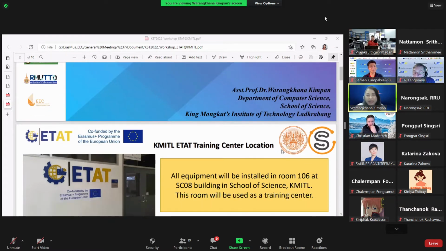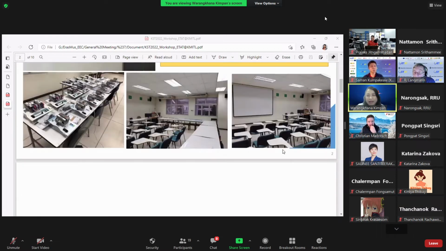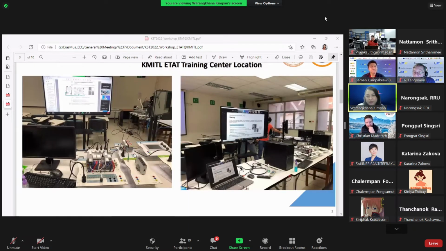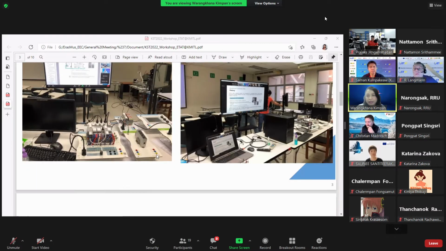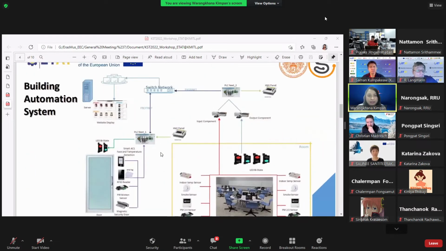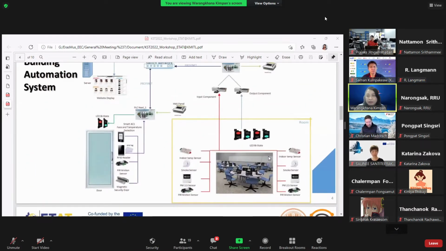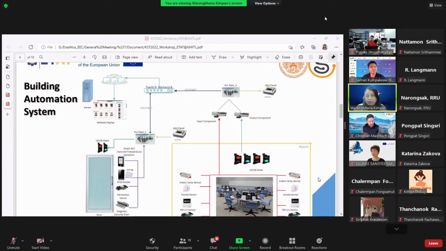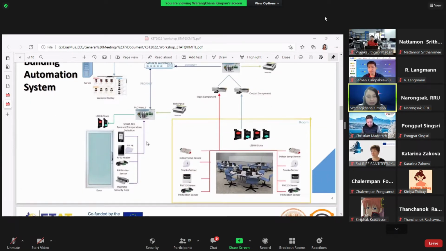Okay, sorry again. So this is a lab, and this is the first time that we use connecting the main equipment for our first training from Dr. Kristen and Dr. Reinhardt. So this one I just mentioned is what we call the building automation system.